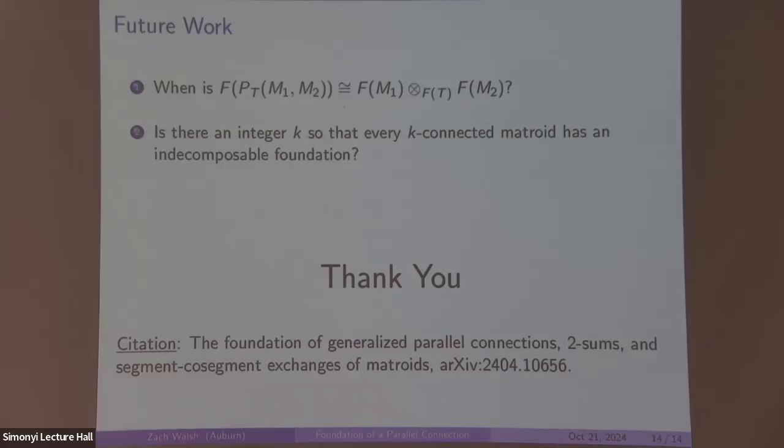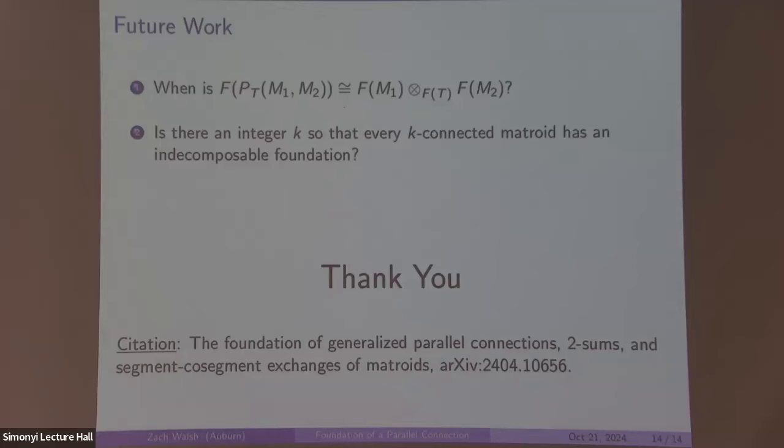So that first equality, is that just some really elaborate way of checking whether or not T is a flat of M1, or a modular flat? Or this first one here. Do you have an example of where this is true and T is not a modular flat? Yes.